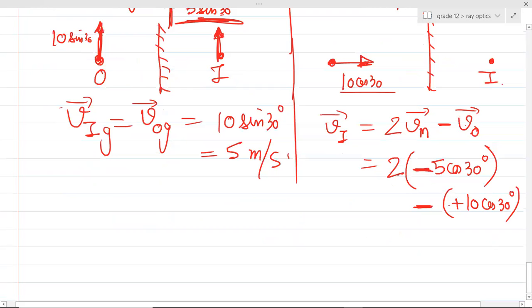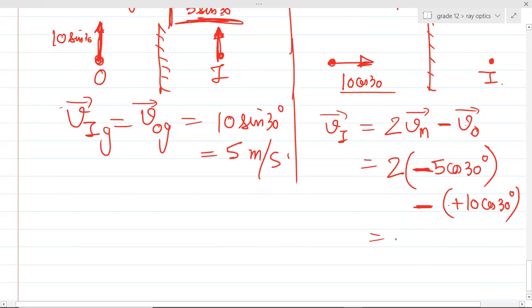So can you see over here, guys? This will be how much? Tell me. Minus 10 root 3.